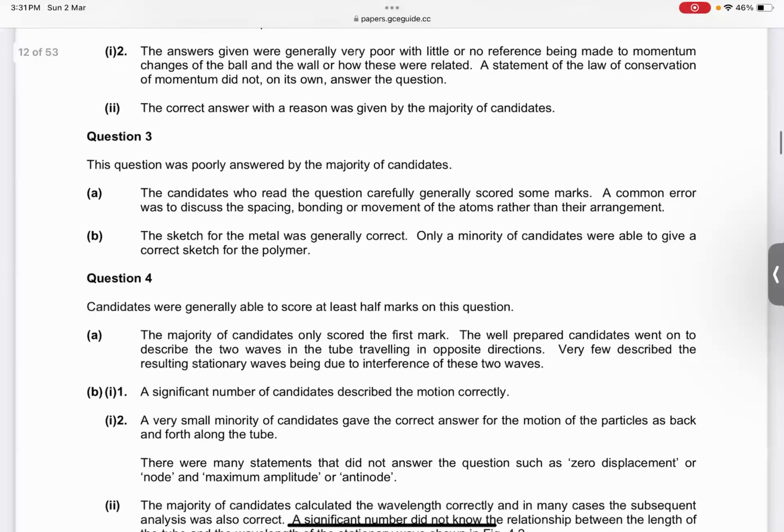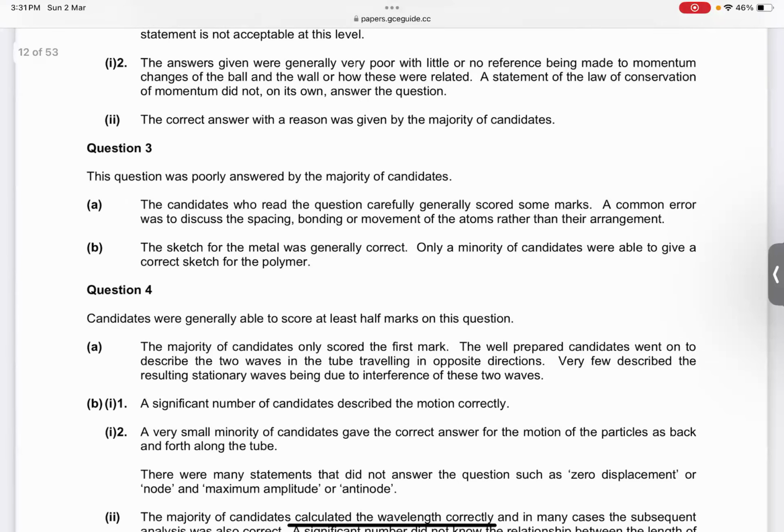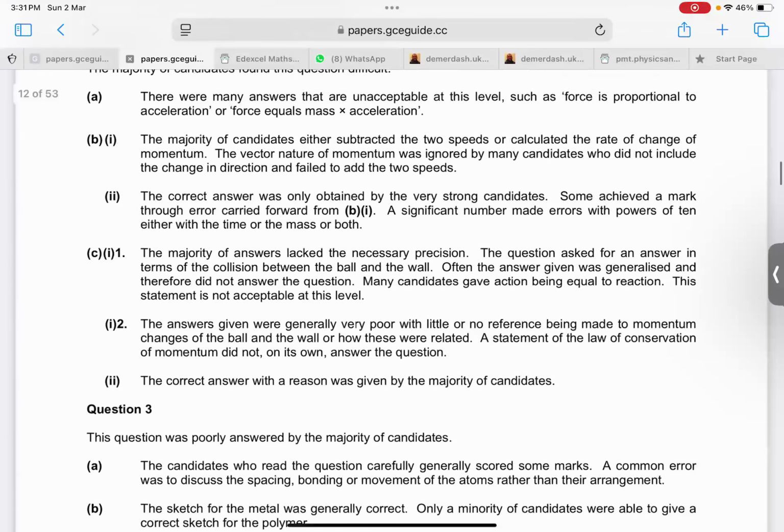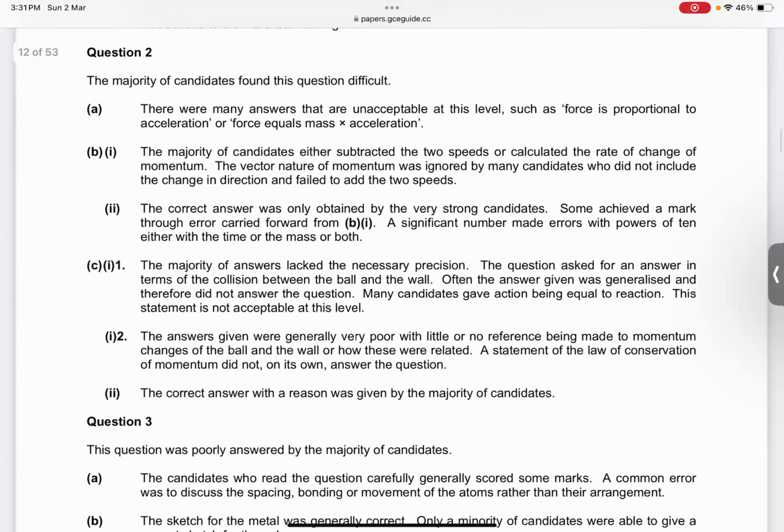Question three. Okay, fine. The first C part was where they asked for the Newton's third law application on the given scenario. The majority of answers lacked the necessary precision. The question asked for the answer in terms of the collision between the ball and the wall.